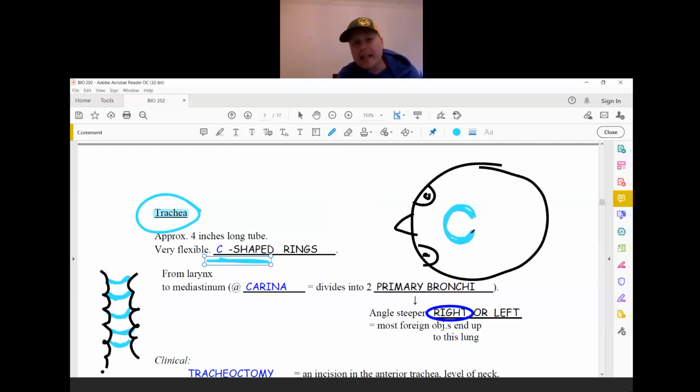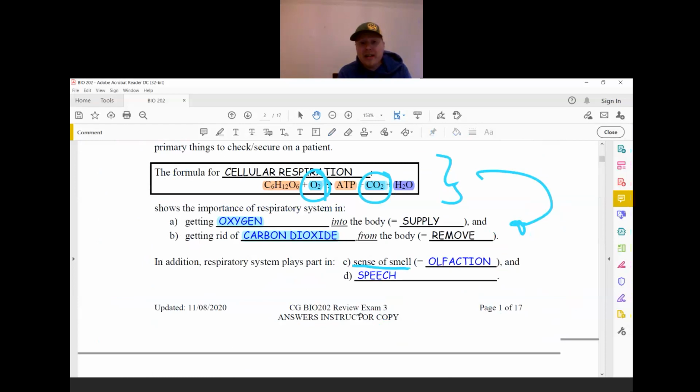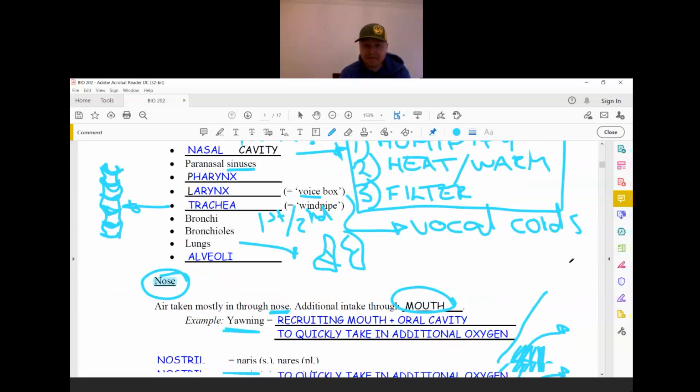And these rings keep the trachea open, even if all the tissues in the body relax, because these cartilage rings are rounded, the trachea, our airway, remains open. And this, of course, was very important if we go back all the way to the very start, where we remembered that keeping the airway open was always important for us. So that was one of the important things that we wanted to secure at all times.